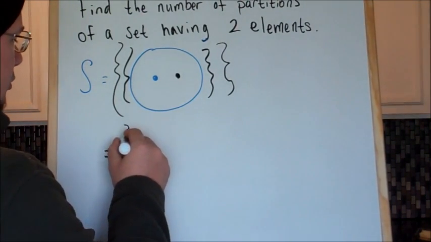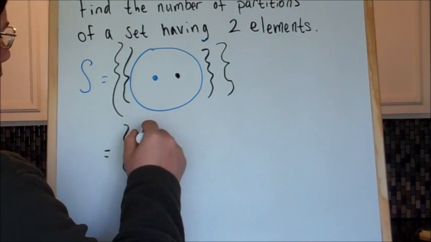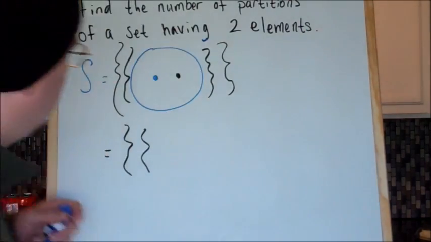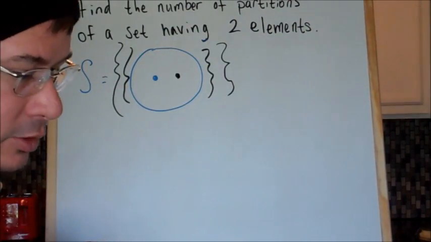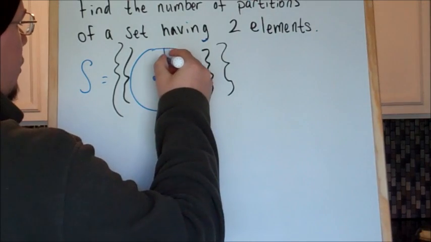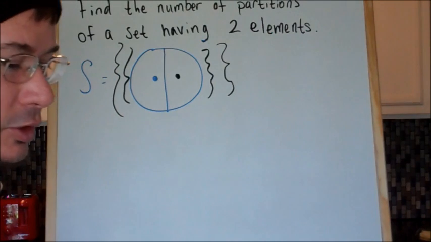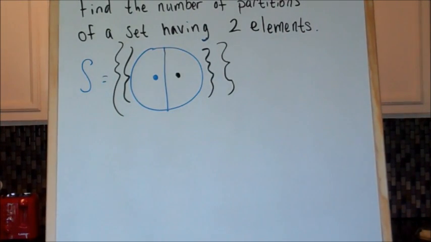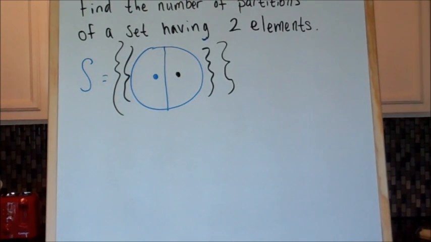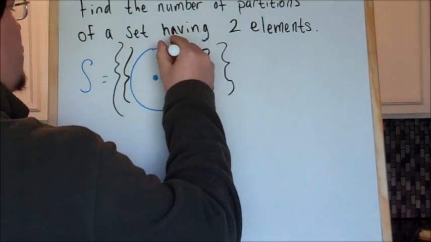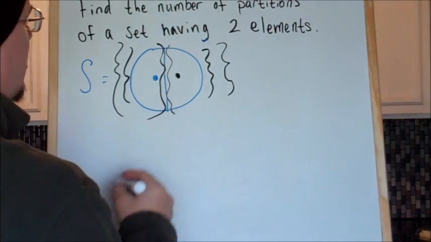Another possible partition would be this. Let's say now I take and I split up the two, and I've got the black dot over here, the blue dot over there. So now I've got a partition that has taken the subsets and assigned to each of them, so this becomes a subset and this becomes a subset.